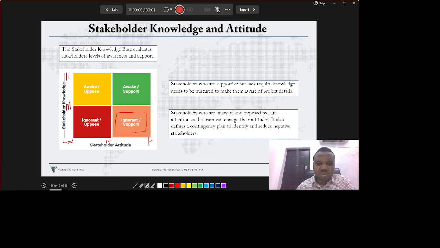Their attitude to your project is extremely high, but the knowledge about that particular project is extremely low. So you just need to nurture them. You need to support them. They are ignorant, but you really need to support them, and you have to do everything to ensure that they are aware of that particular project.